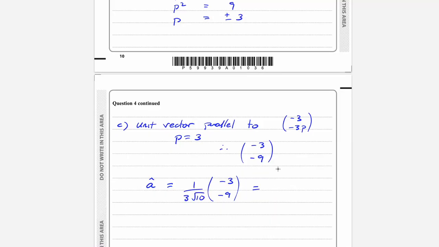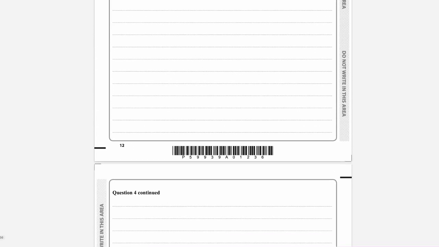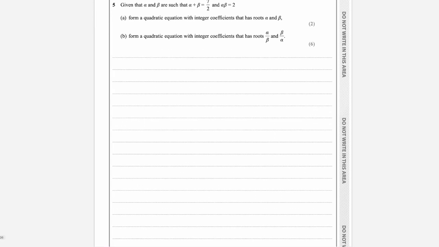You could also write that as negative 3 over 3 root 10, and then negative 9 over 3 root 10. And if you want you can write that as negative 1 over root 10, and then negative 3 over root 10, and they're all the same thing. But to be honest, guys, that is perfectly fine. Okay, that is question 4. Question 5.